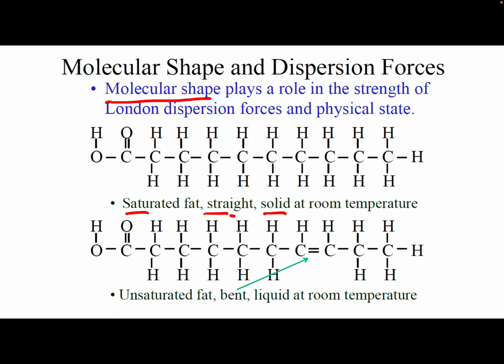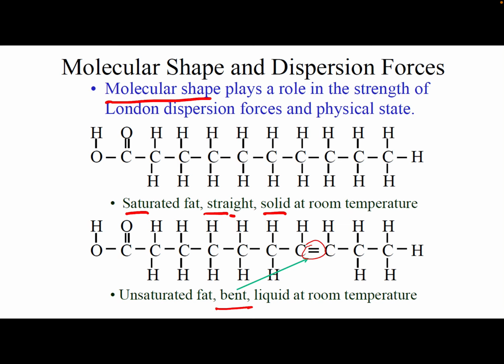So saturated fats are solid. Unsaturated fats have a double bond between at least two carbons in the chain. So basically, this is now 3 charge clouds, so you're going to get a trigonal planar geometry around each of those carbons where the double bond is, and that will bend the molecule.